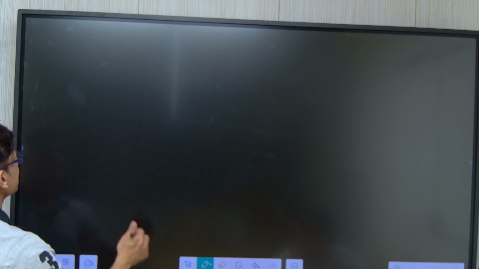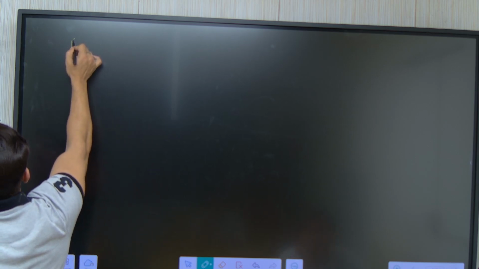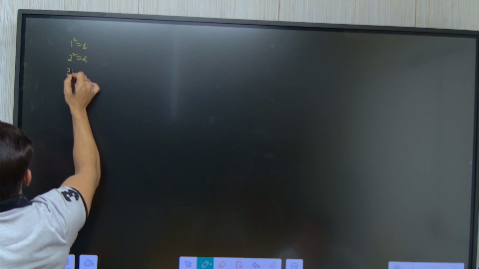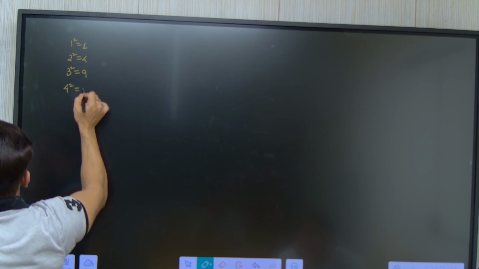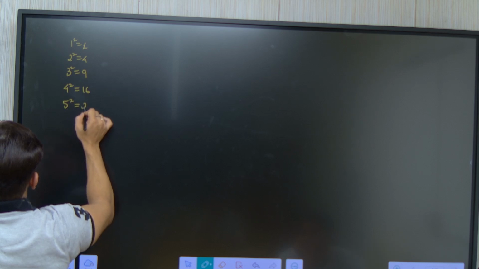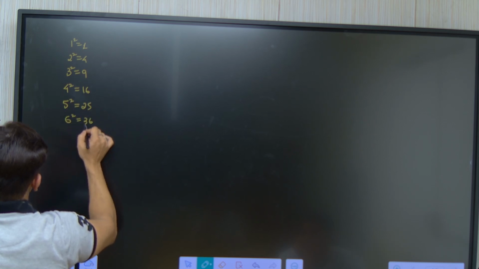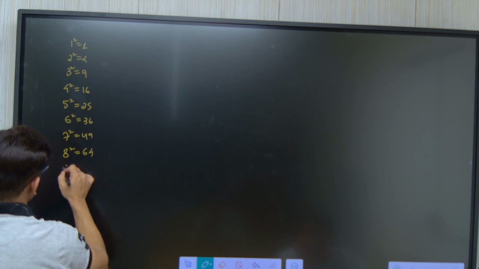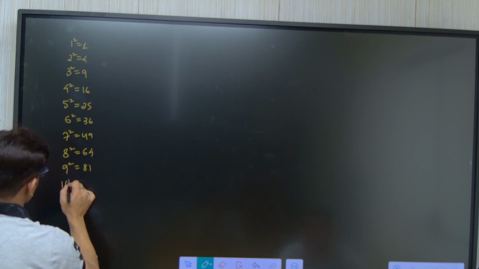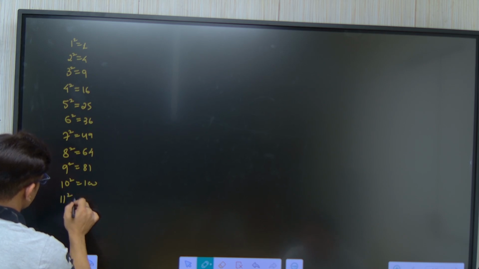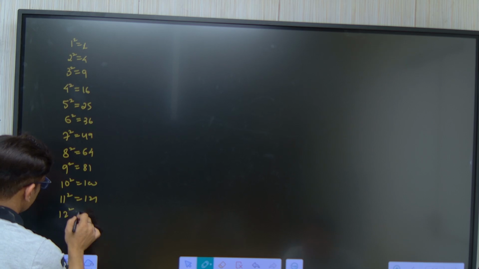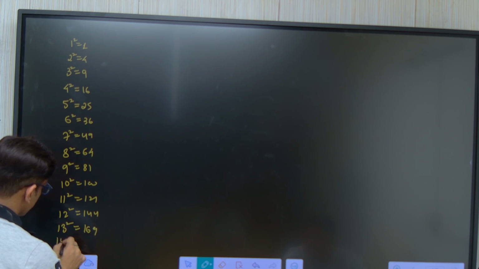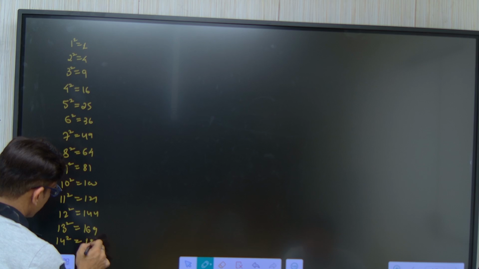So first of all, 1 square is what? 1. 2 square is what? 3 square is what? 4 square? 5 square? 6 square? 7 square? 8 square? 9 square? 10 square? 11 square? 12 square? 13 square? 14 square? 196.